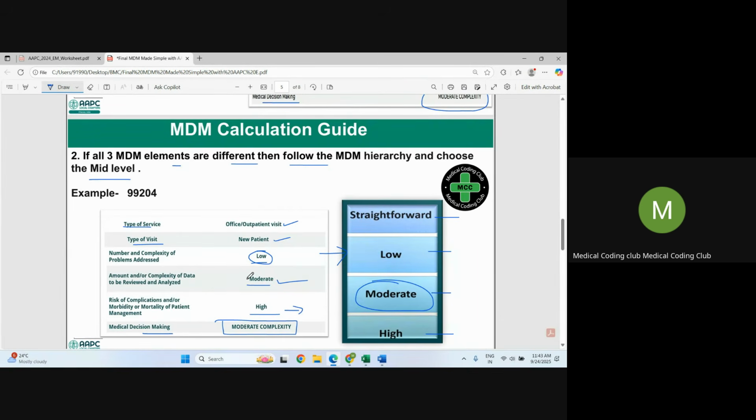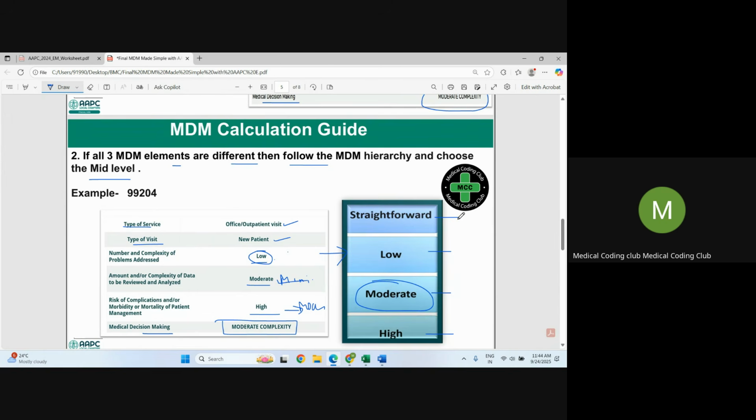Don't think that moderate is in the middle, so you are taking moderate complexity. It's not like that. You have to look at the hierarchy, and whatever level you get as the average, that you have to take. For example, if you get problem addressed as low, data as minimal, and risk, that is treatment, as moderate: moderate, minimal, and low.